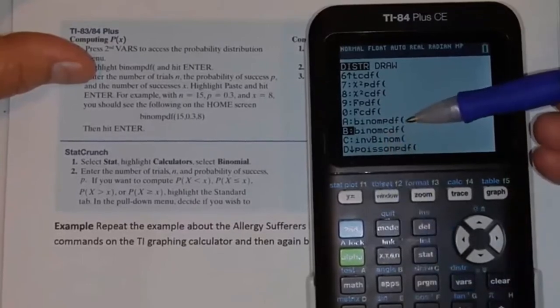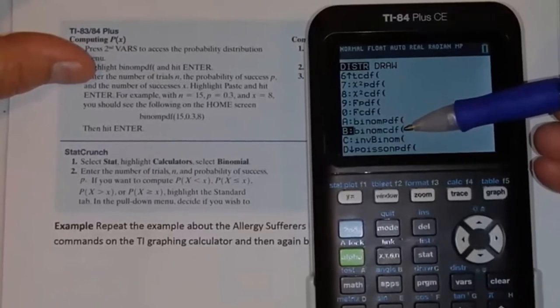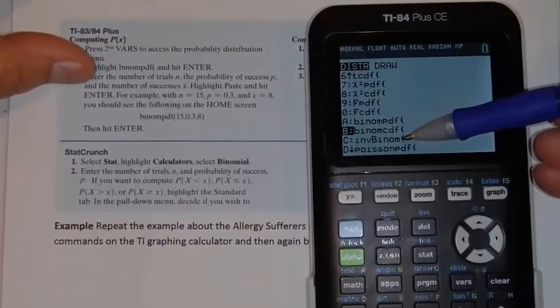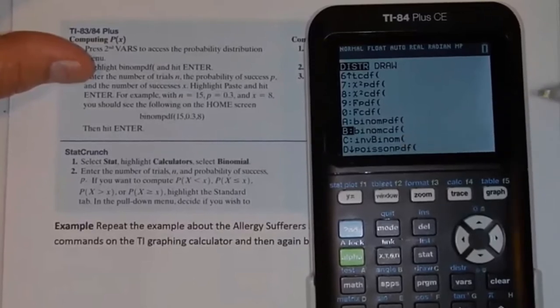The probability density function is like the first table. This command gives me individual probabilities. But binomCDF gives me cumulative probabilities. And then inverse binomial, we won't really use in this class, but that goes backwards. If I knew the probability, it would tell me the scenario.